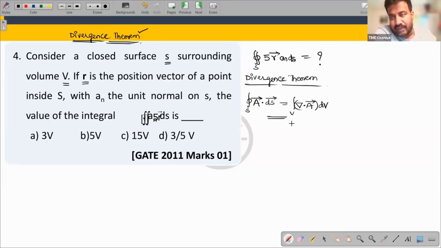So try to apply this divergence theorem here. How to apply?